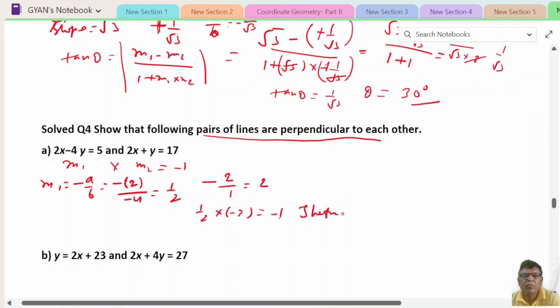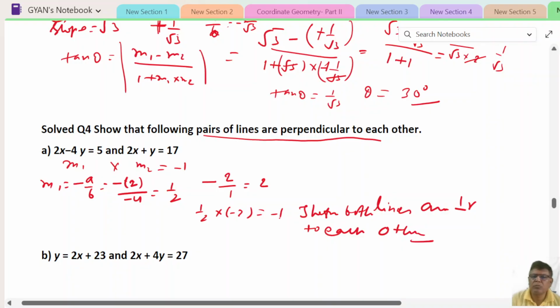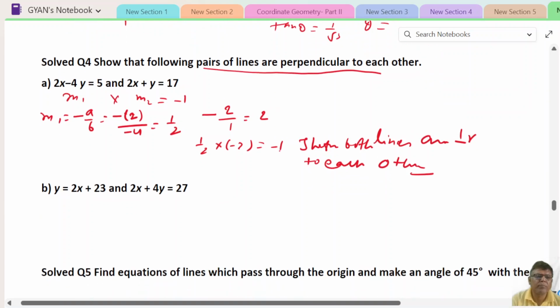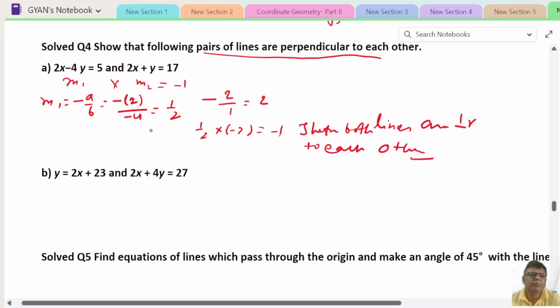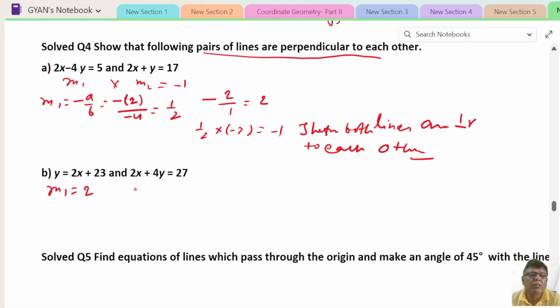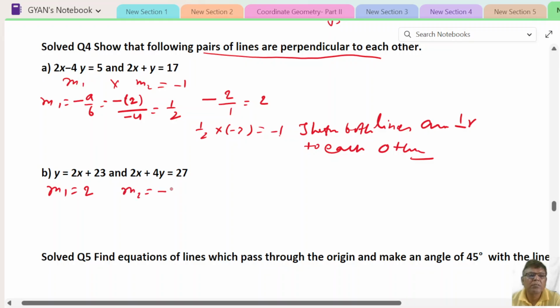Therefore, both lines are perpendicular to each other. Similarly, we have to solve the second question. Second question, m1 slope is 2 and here m2 slope is minus 2 by 4, that is minus half.